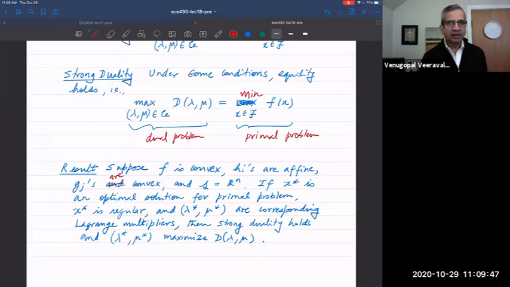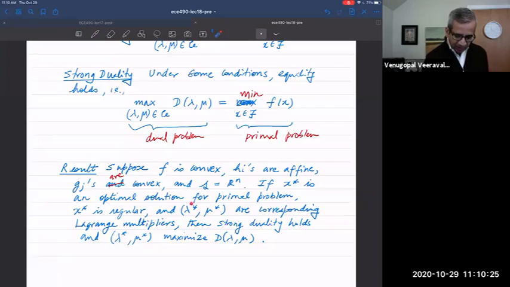So there are no other constraints other than the ones from the equality and inequality constraints, and the functions are defined on R^n, so there are no issues with domains. So if these conditions hold, F being convex, h_i's affine, and g_j's convex, then the Lagrangian is going to be convex. We saw that over R^n.